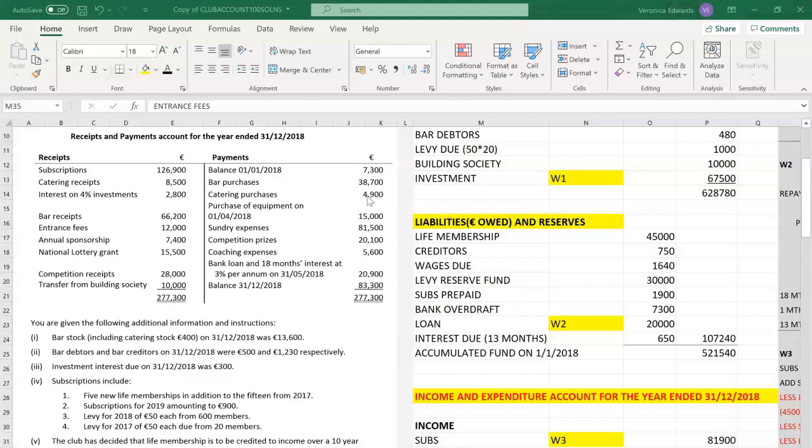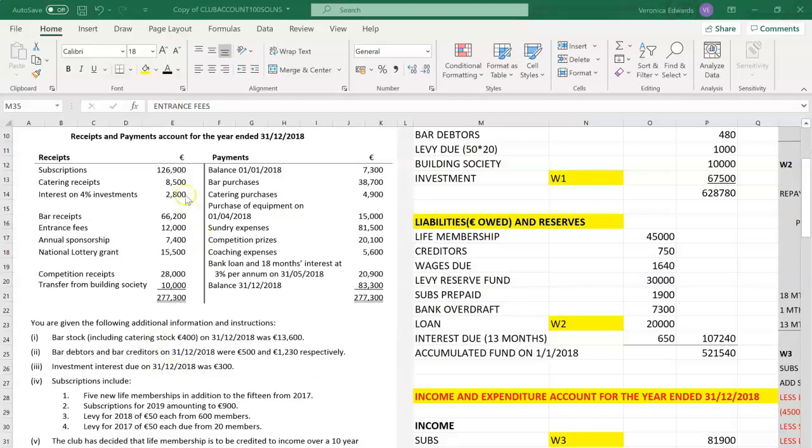Catering is mentioned in one other place though, so we need to gather together all of the information to get a proper overall picture of what's happening there. You'll see it's mentioned in adjustment 1. Our bar stock at the end of the year actually includes catering stock of 400. So we need to consider that at this stage as well in order to figure out what the profit or loss is that we made on catering during 2018.